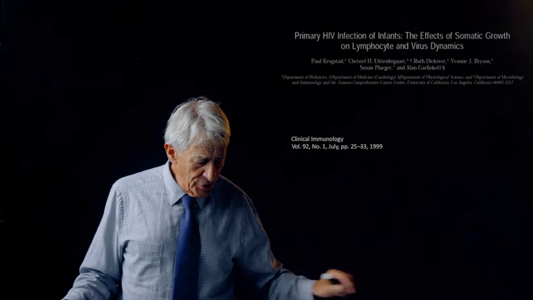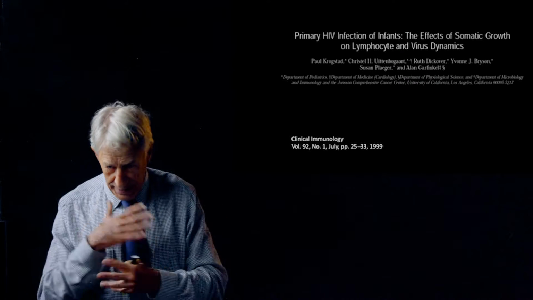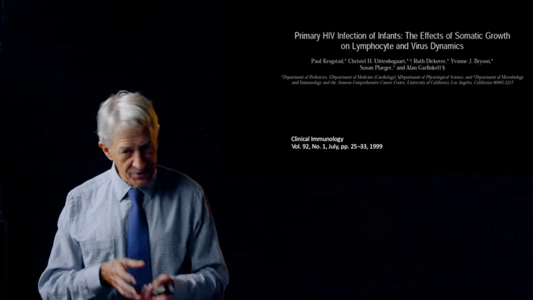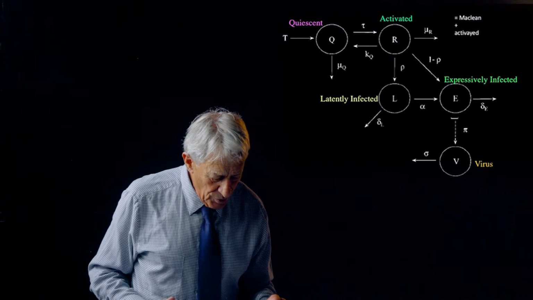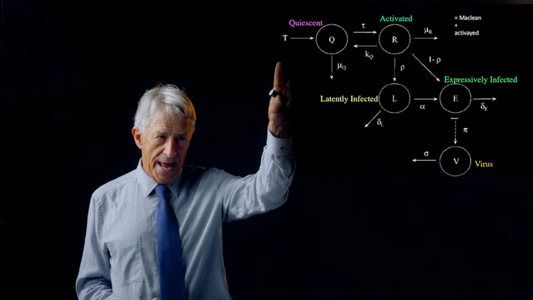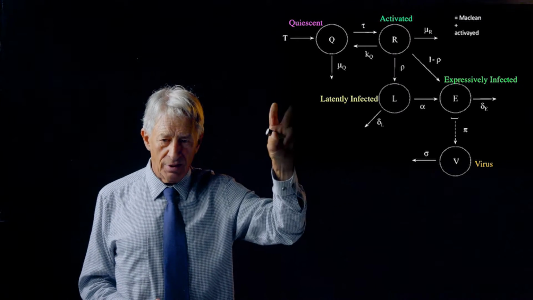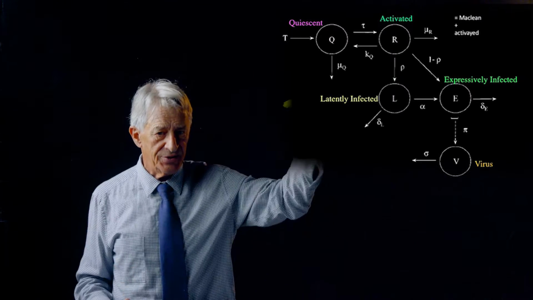So we did. Here's the paper that we wrote. But what we used was basically Angela McLean's model of viruses and T cells and activated cells and inactivated cells. We did add one term to the McLean model of inactive T cells and activated T cells.